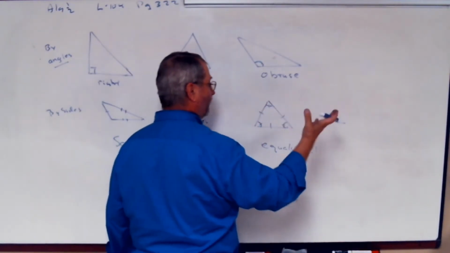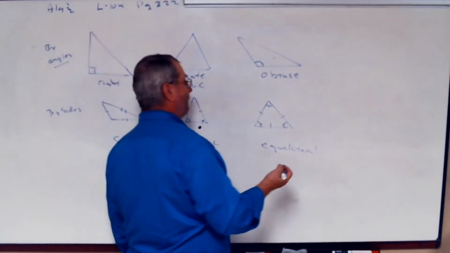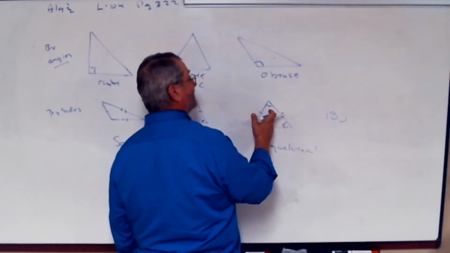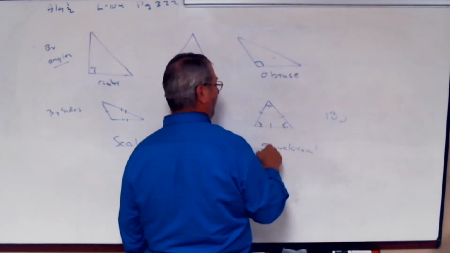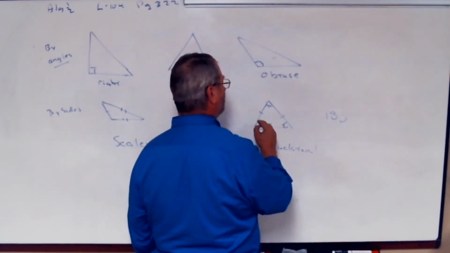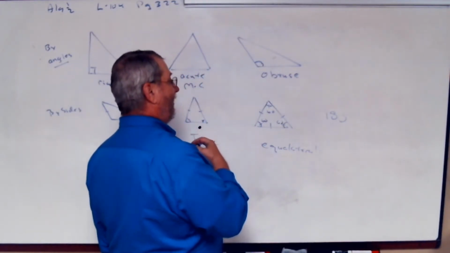Okay? And to go a little bit further, all the angles in a triangle always add up to how much? 180. If I know they're all the same, I divide by 3. In an equilateral triangle, or an equiangular triangle, all the angles are 60.